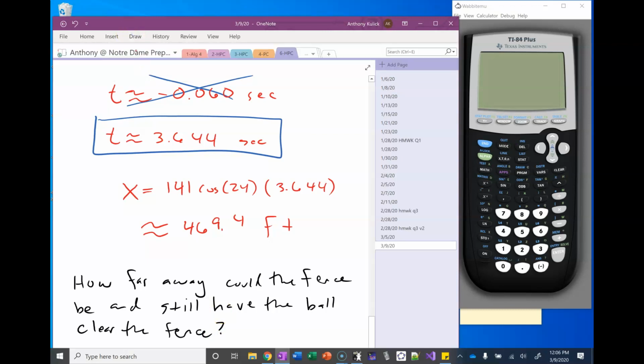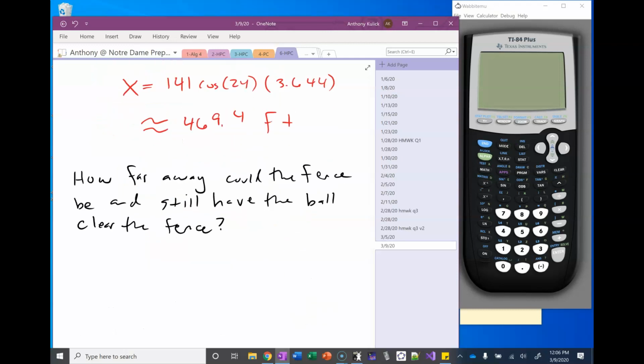All right, last question here for today. How far away could we place the fence and still have the ball clear that fence? 449. You're just guessing. Let's figure it out exactly. So we're looking for an X or a Y here?